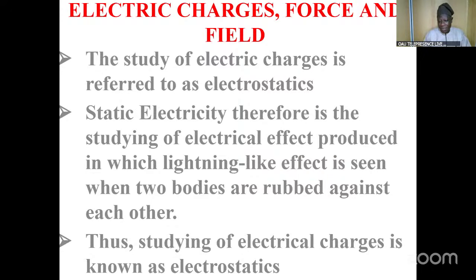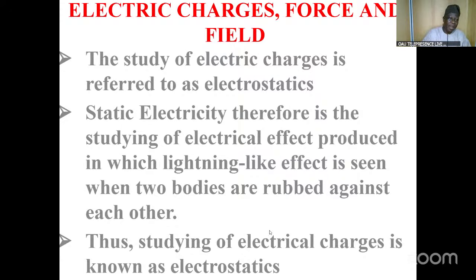This does not mean it cannot create charges. So this is where your charges link with the electrostatics principle. Thus, the study of electrical charges is known as electrostatics.